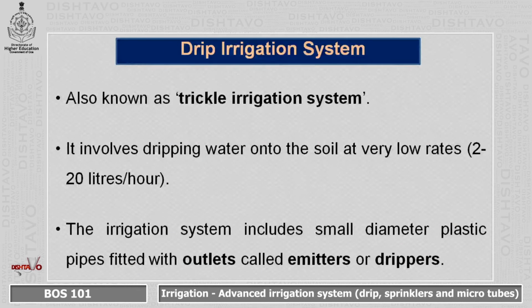Drip irrigation system. It is also known as trickle irrigation system. It involves dripping water onto the soil at very low rates, around 2 to 20 liters per hour. The irrigation system includes small diameter plastic pipes fitted with outlets called emitters or drippers.